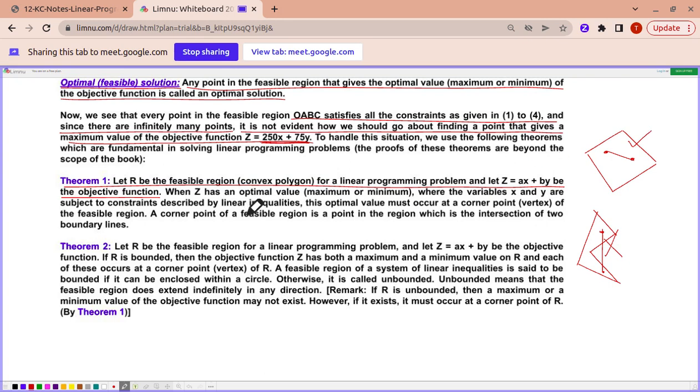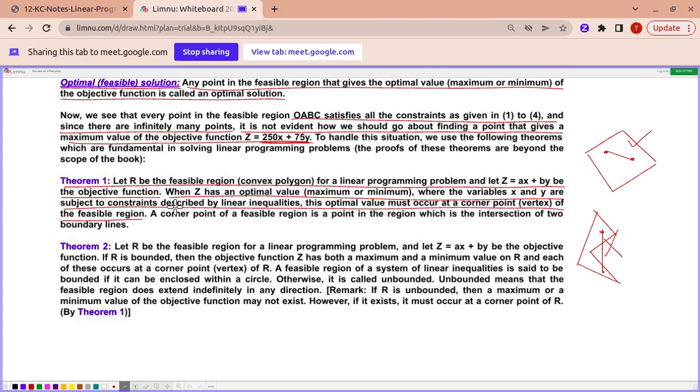I repeat once more: let R be the feasible region, a convex polygon, for a linear programming problem, and let Z equal to Ax plus By be the objective function. When Z has an optimal value, maximum or minimum, where the variables x and y are subject to constraints described by linear inequalities, this optimal value must occur at a corner point, a vertex of the feasible region.